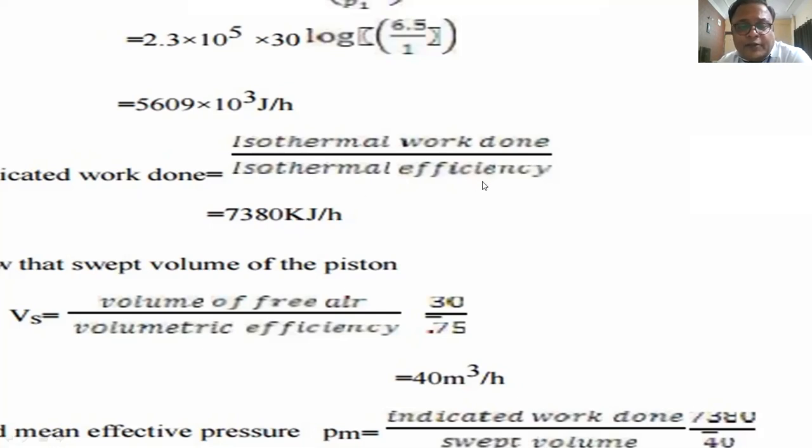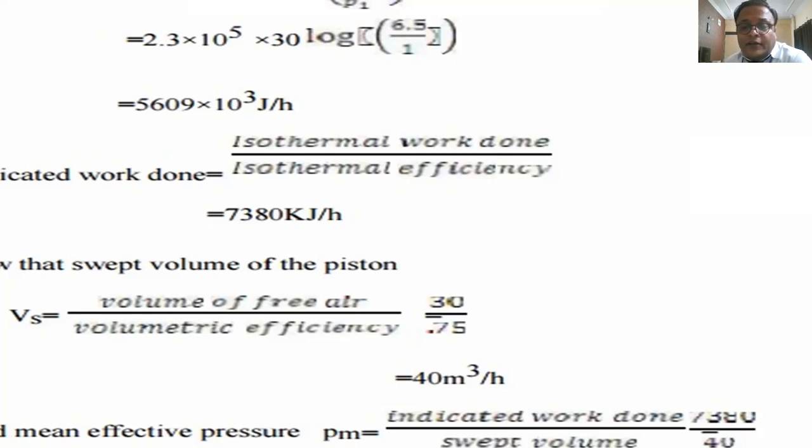Similarly, since the volumetric efficiency and the volume of free air are given, you can calculate the shaft volume of the piston. The volumetric efficiency is the ratio of the volume of free air, that is the actual volume, to the shaft volume.